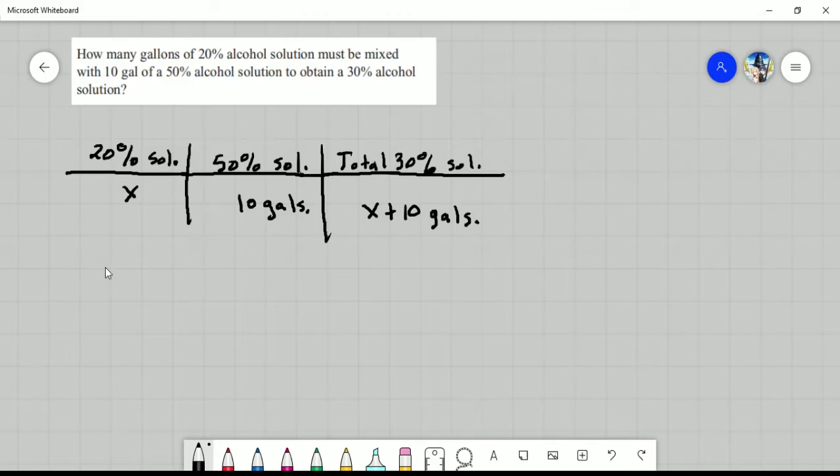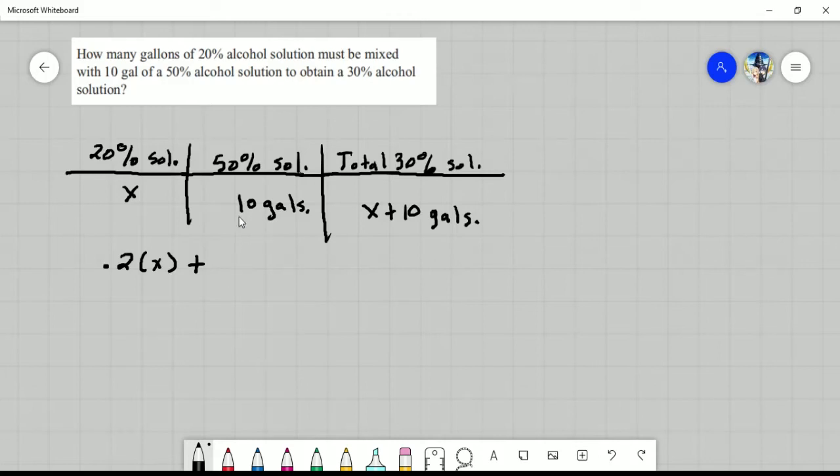So I will call that 0.2 multiplied by X. So I went ahead and converted the percentage into a decimal, which is 0.2. So this value here will be added or mixed to the 10 gallons of the 50% alcohol solution. So that's plus, because mixed together or added together, that's addition.